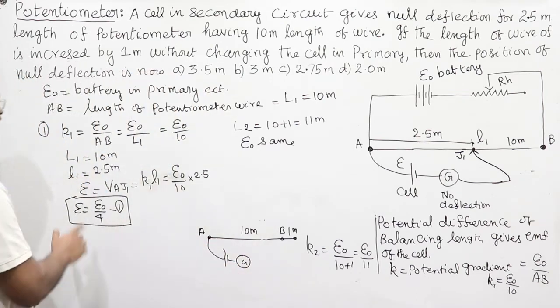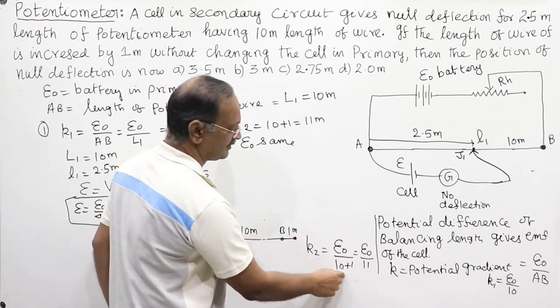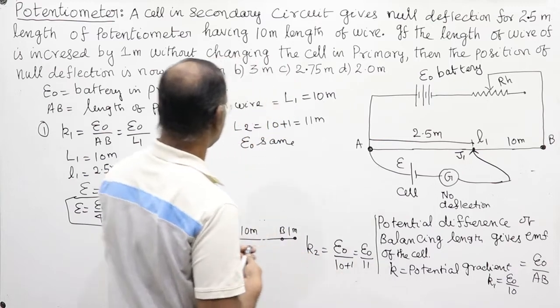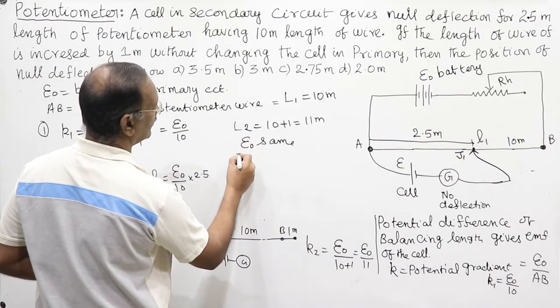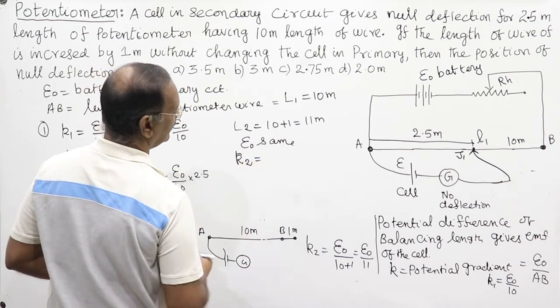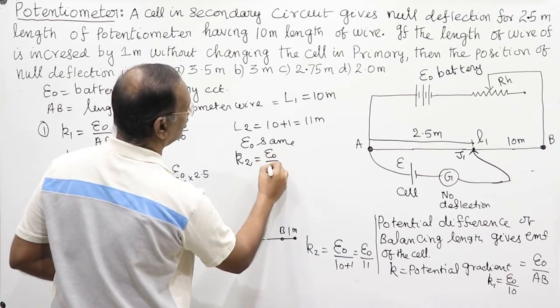Earlier the potential gradient was epsilon naught by 10, now epsilon naught by 11 because the length has been increased by 1 meter. So in the second case, K2, the potential gradient after increasing the length by 1, is equal to epsilon naught by 11.